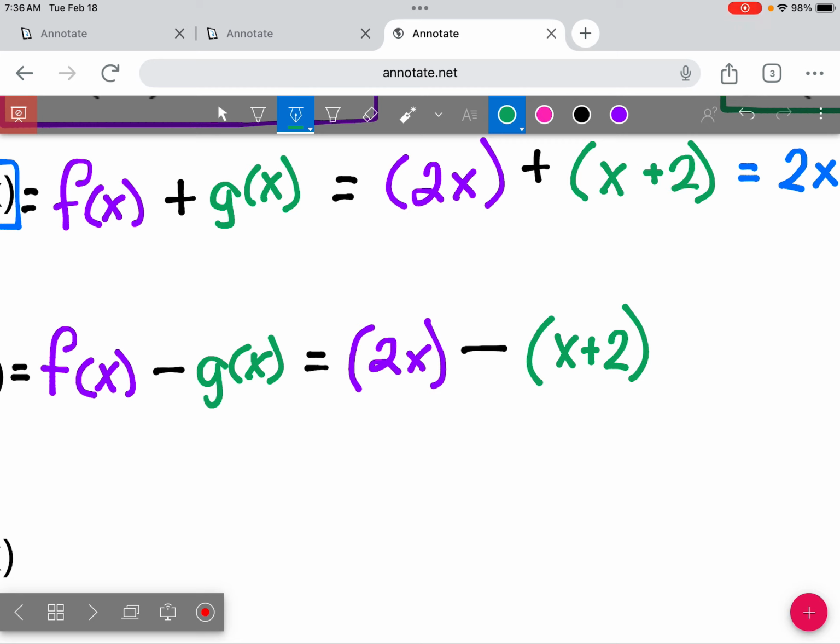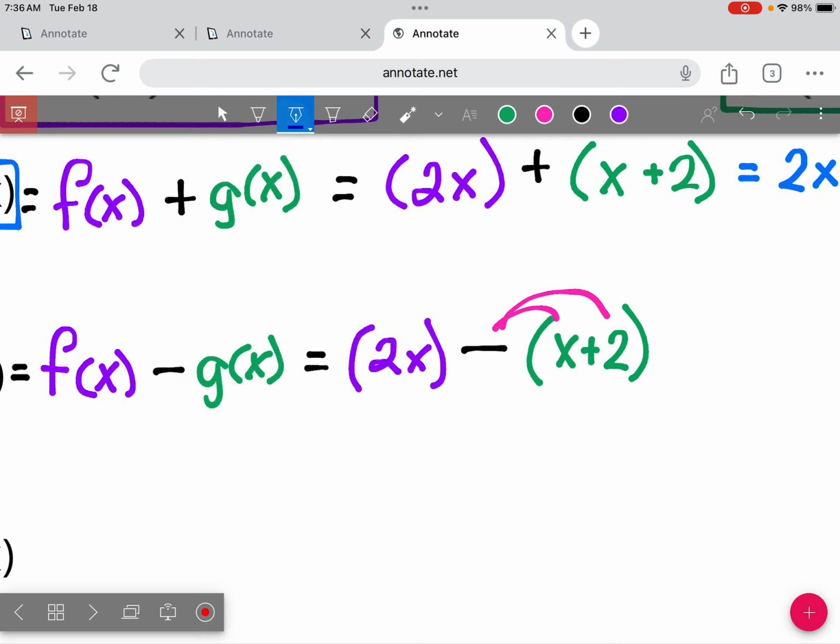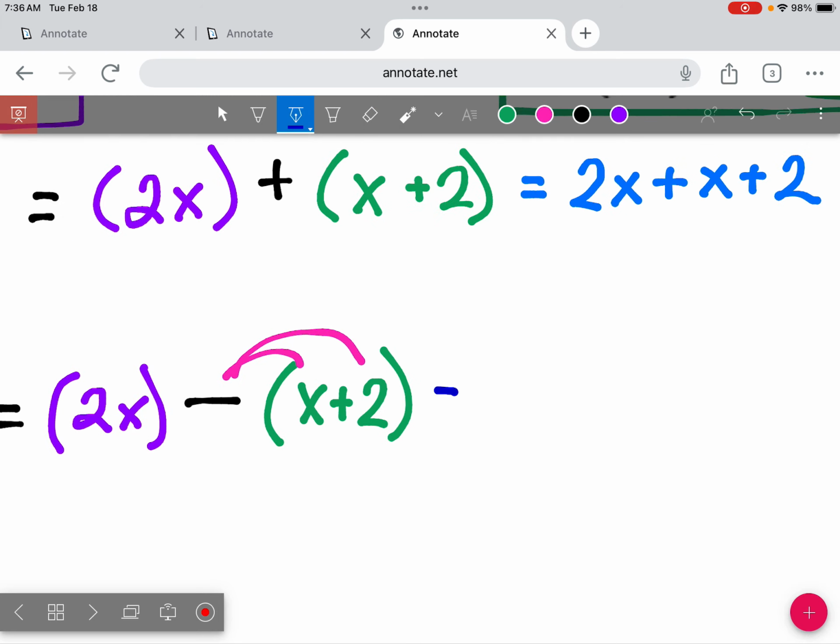When I have a quantity that's being subtracted like this, what do I need to do with my minus sign? Distribute it. I need to bring this minus sign into both pieces. That makes it so that we can actually do this subtraction. My 2x at the beginning isn't going to change, but then we're going to have minus x and minus 2.